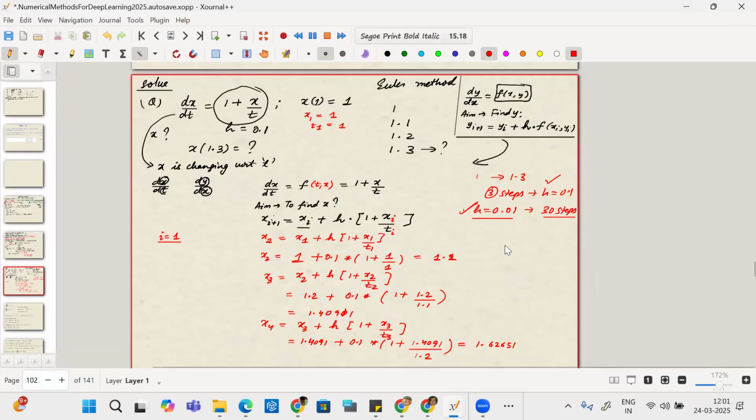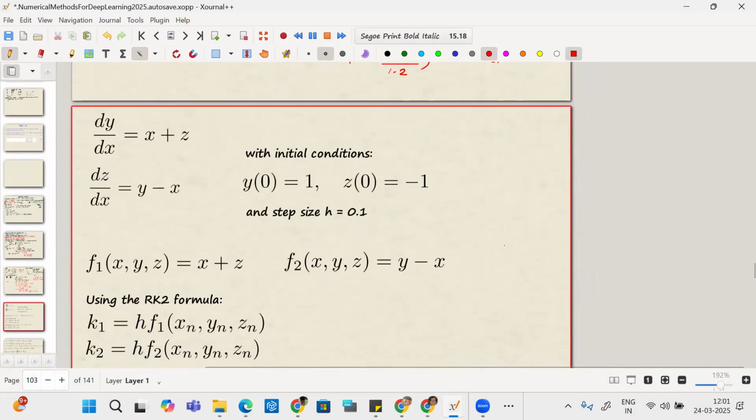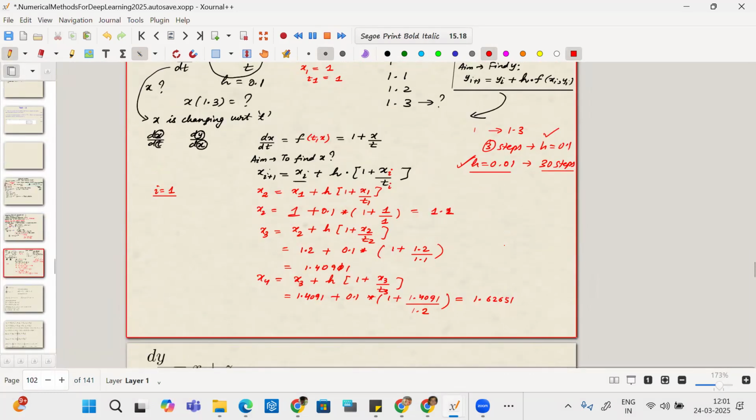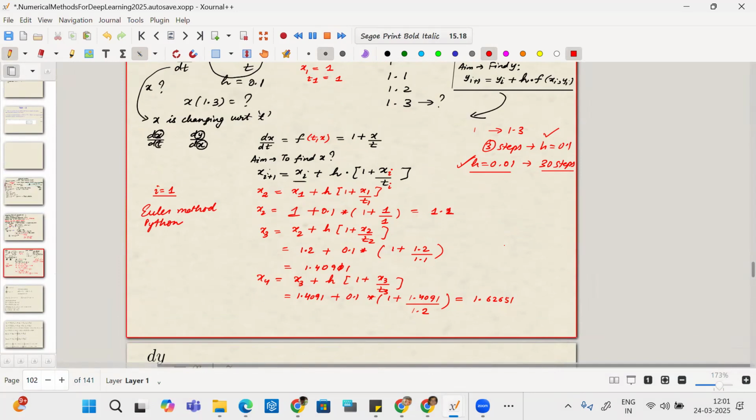So I hope you got an idea of how we can use the Euler method. What we learned so far is that we used the Euler method, and we saw in Python how to solve any complicated equation with it.